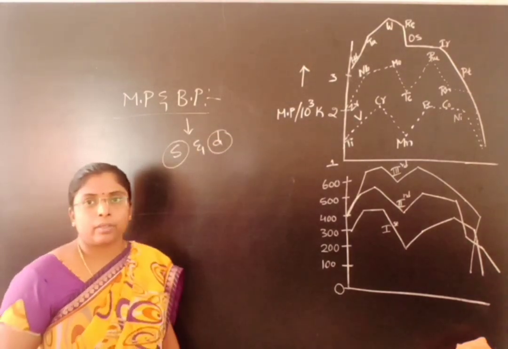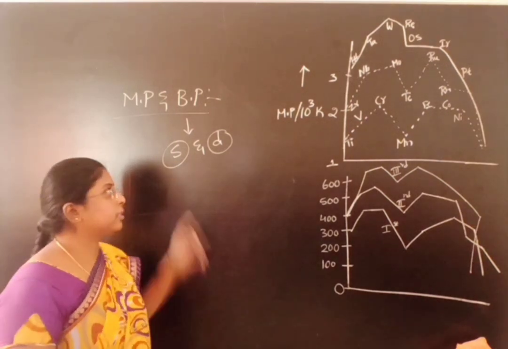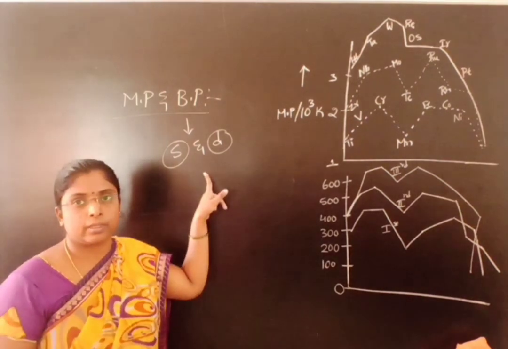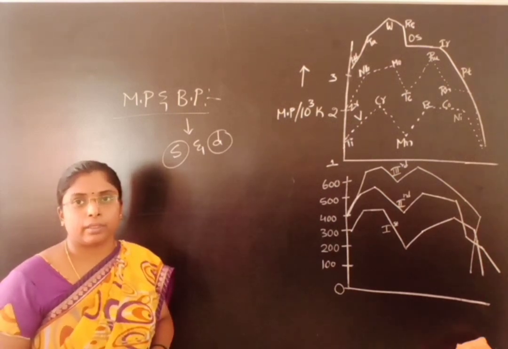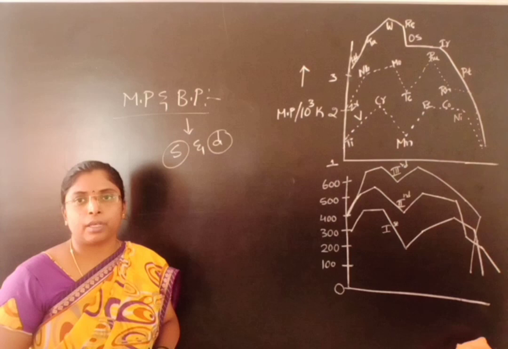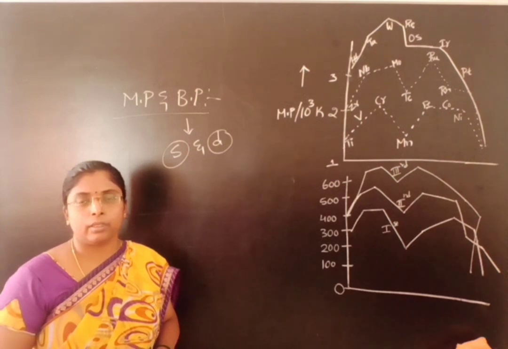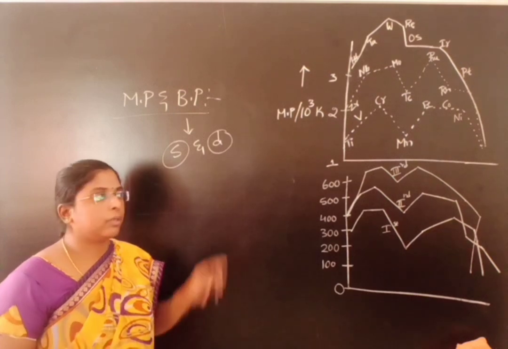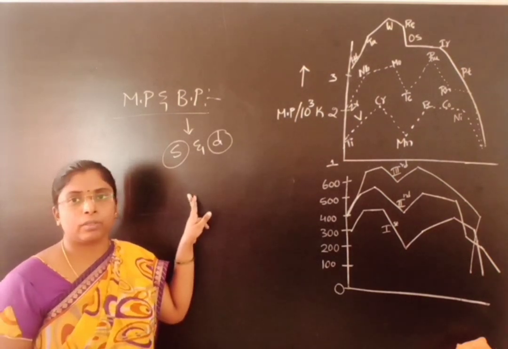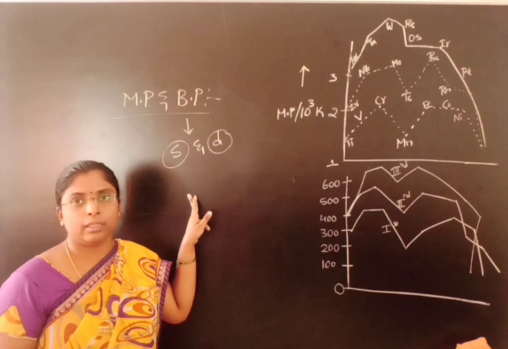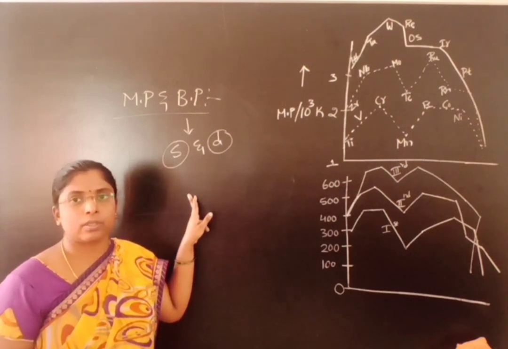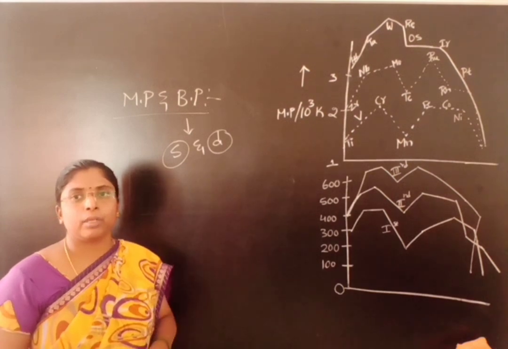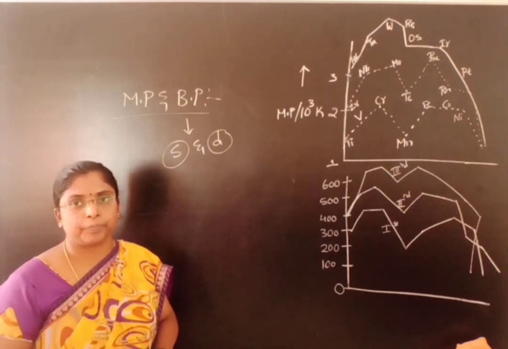Since the unpaired electrons are contributed from both s as well as d orbitals, the number of unpaired electrons will be greater. The more the unpaired electrons, the stronger the metallic interaction. Hence, its strength is strong, so its melting point and boiling point will also be high.